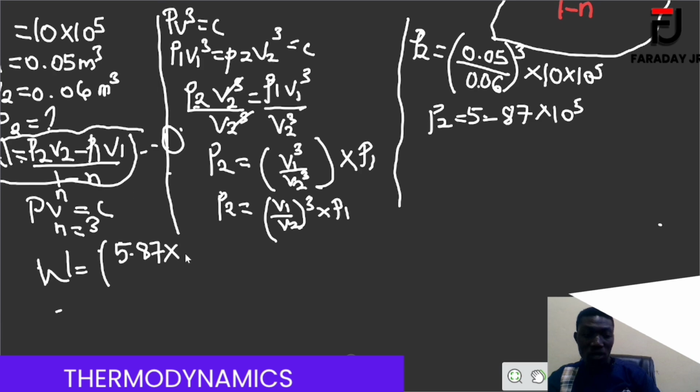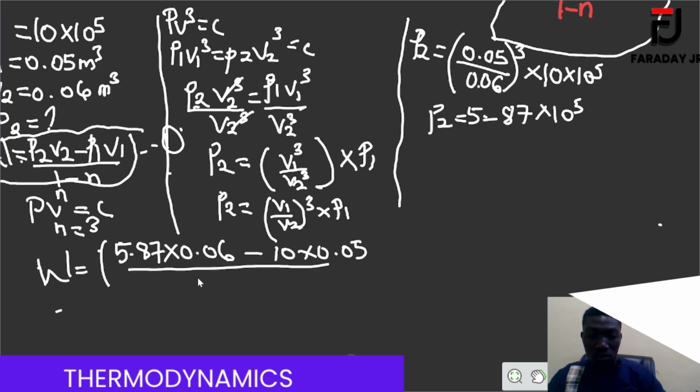Then we can try to factorize the bar from it, times the V2 as well. V2 was 0.06, minus the P1, which is 10 here, multiplied by the V1, which is 0.05 here, over 1 minus n. What's our n here? n was 3.